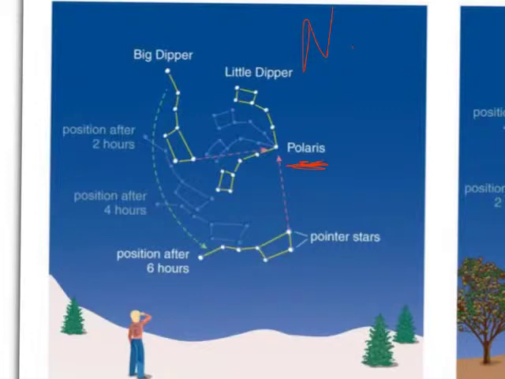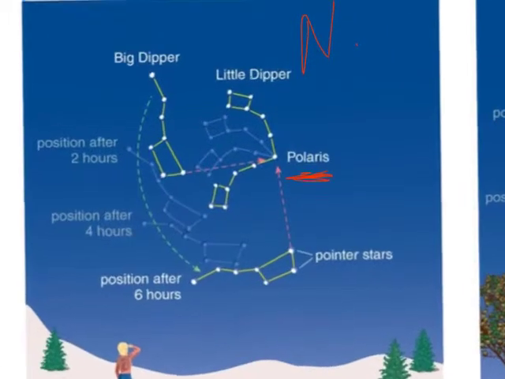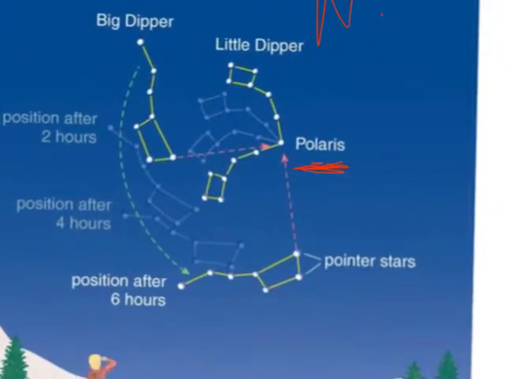So what's being shown here is, let me zoom in a little bit more. You're being shown the sky over several hours. It says we can start here. For instance, the Little Dipper, every 2 hours. So 0 hours, this is 2 hours later, 4 hours later, 6 hours later.